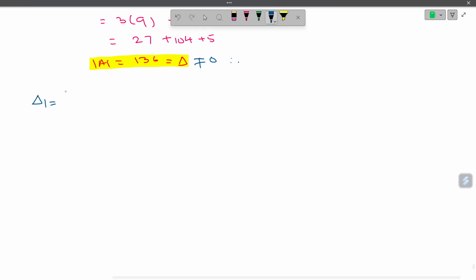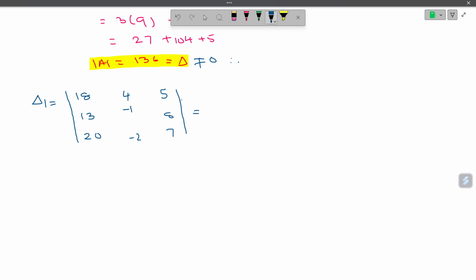What is del 1? In del 1, replace the x column by b. So 8, 13, 20, and y and z as they are: 4, minus 1, minus 2; 5, 8, 7.